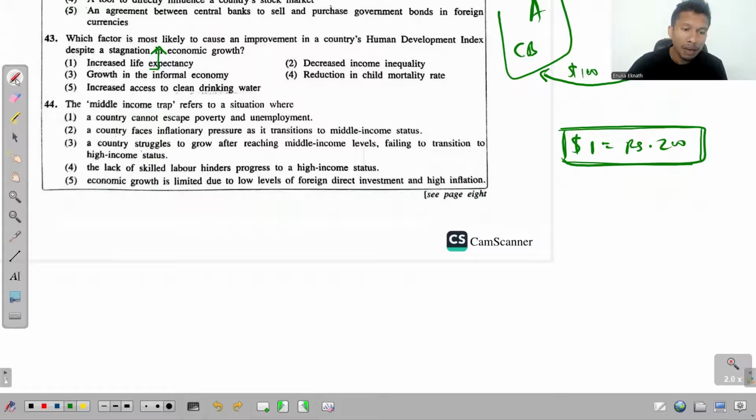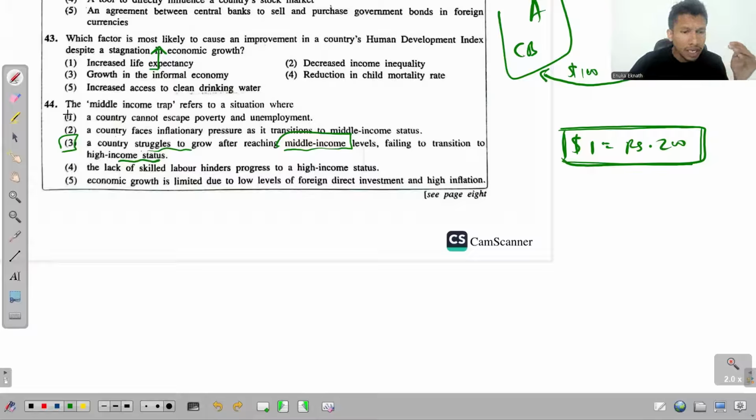And the middle income trap refers to which of the following? It refers to this: once the country gets into the middle income category, they struggle a lot, but still the country fails to transform into a high income country. So that we recognize as the middle income trap.